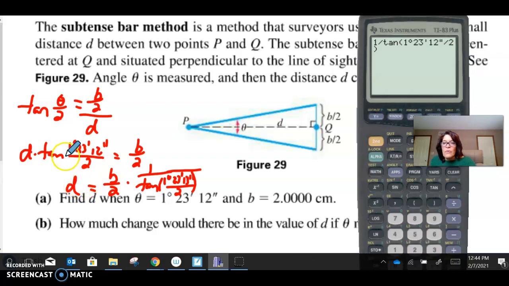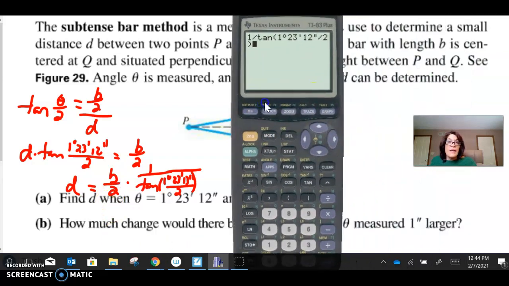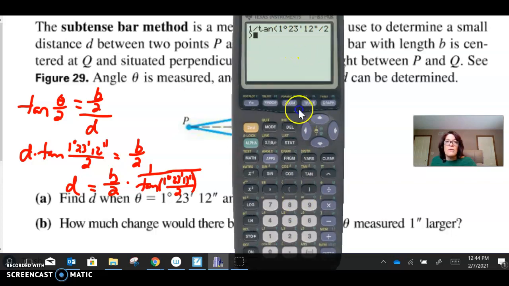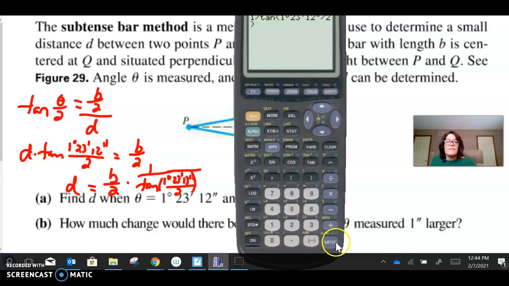Then I multiplied both sides by 1 over the tangent of that. Stuck in 2 for b. Oh, that's nice, 2 over 2 is just 1. So that's why I just typed in 1 over the tangent of 1 degree, 23 minutes, 12 seconds divided by 2. And we get that answer.